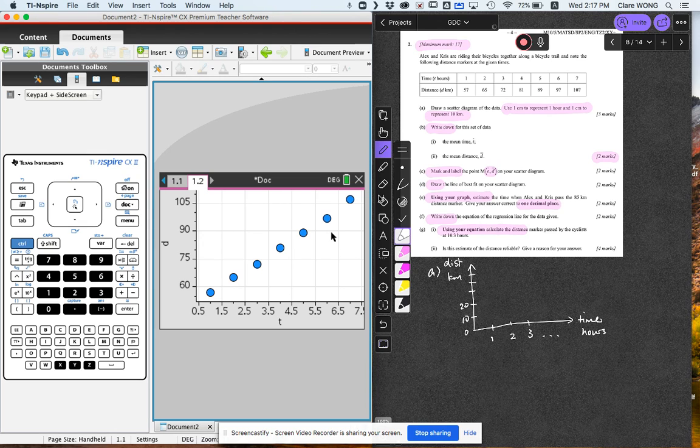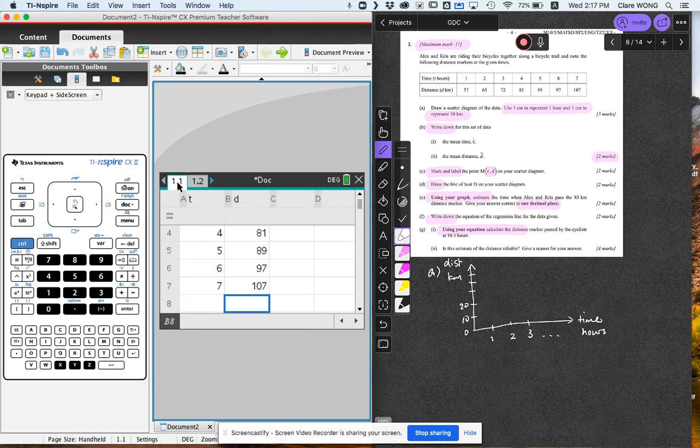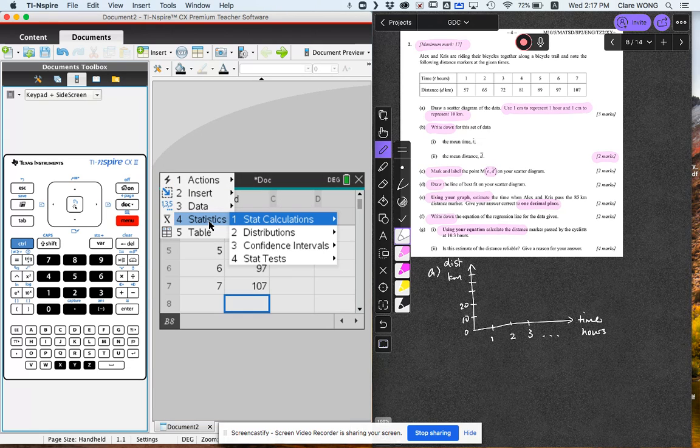Okay, we have this graph on here. What I need to do is to answer these questions. I better go back to my spreadsheet because I only need to write down. I'm going to ask it to do statistics.